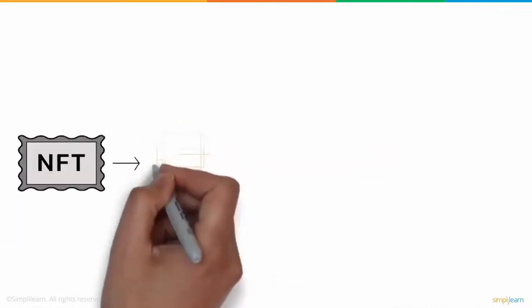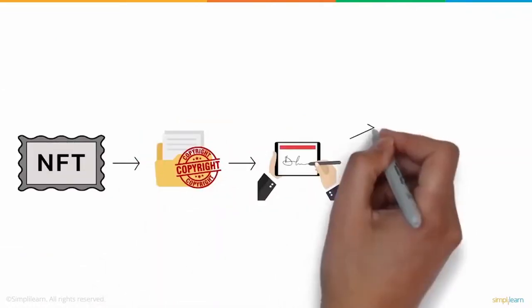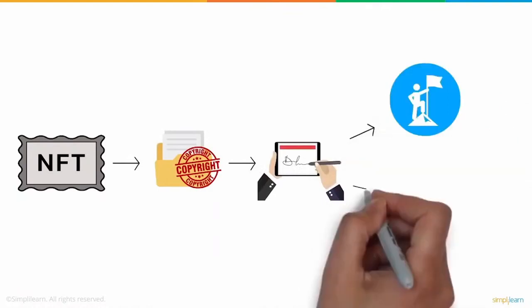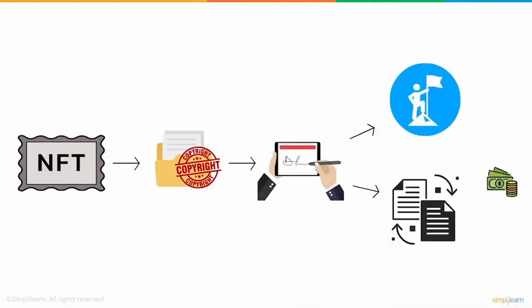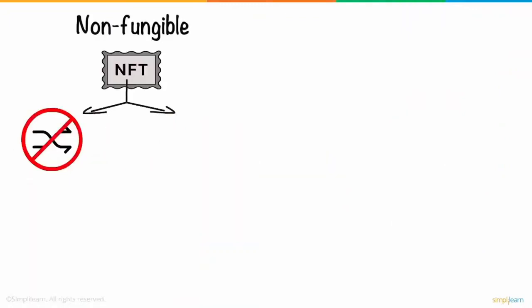NFTs turn your digital assets into one-of-a-kind, by creating a unique digital signature, which defines the ownership of your assets and that can be bought and sold for real money, cryptocurrency, or any other asset, like a non-fungible token, aka NFT. Non-fungible tokens means that they are not interchangeable, and each of them represents unique assets owned by a specific person.